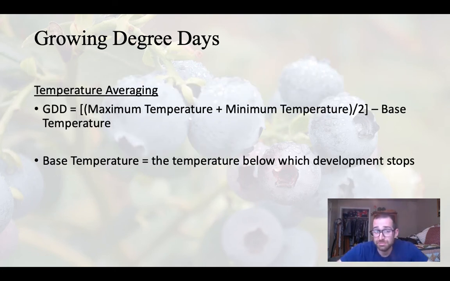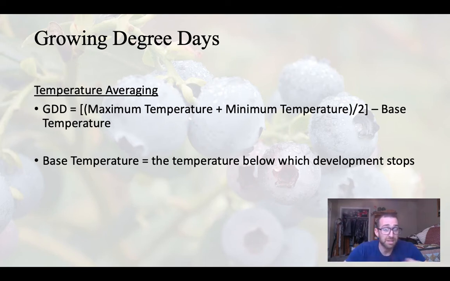It's very, very simple. For each given day, you take the maximum temperature that was recorded that day, add it to the minimum temperature that was recorded that day, and divide by 2 to give you an average temperature. And then you subtract from that a base temperature. The base temperature is the temperature below which development stops for that given plant.